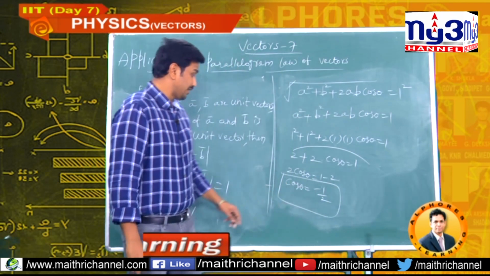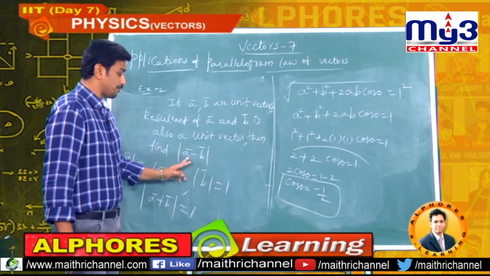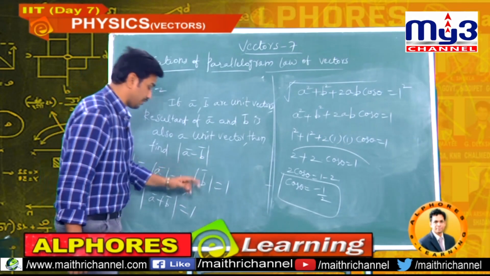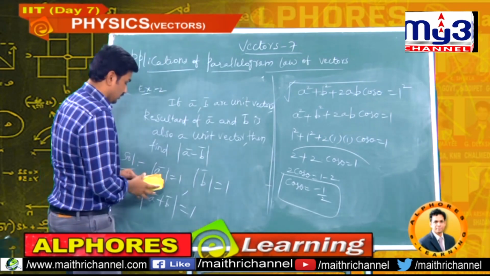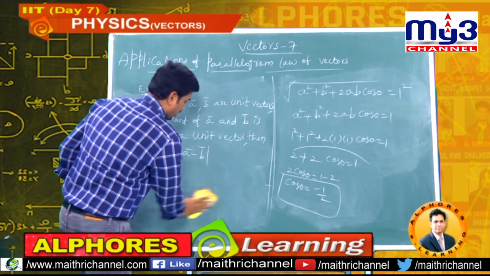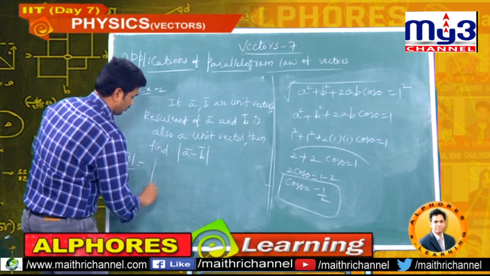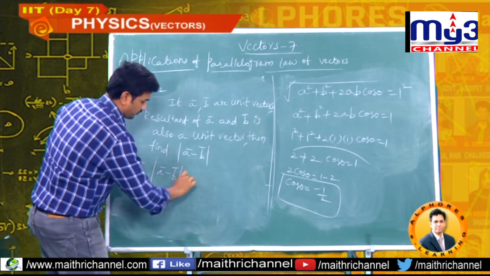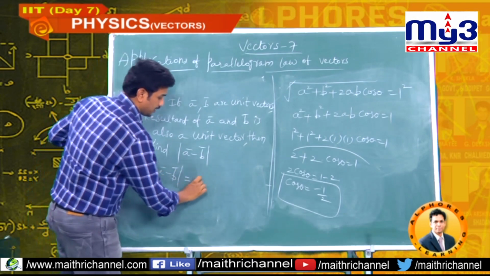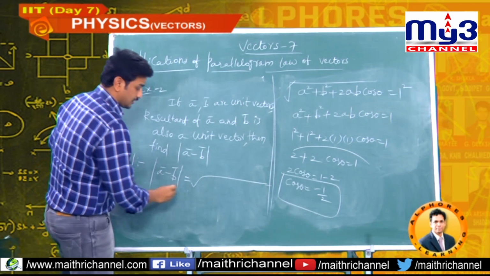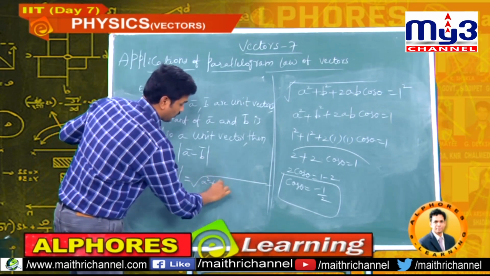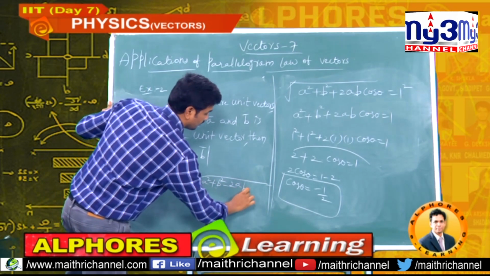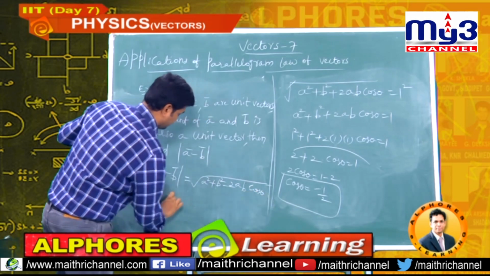Yes. Now they are asking mod of a bar minus b bar. How to calculate mod of a bar minus b bar? We require mod of a bar minus b bar. This is also the parallelogram law of vectors: root of a square plus b square minus 2ab cos theta.